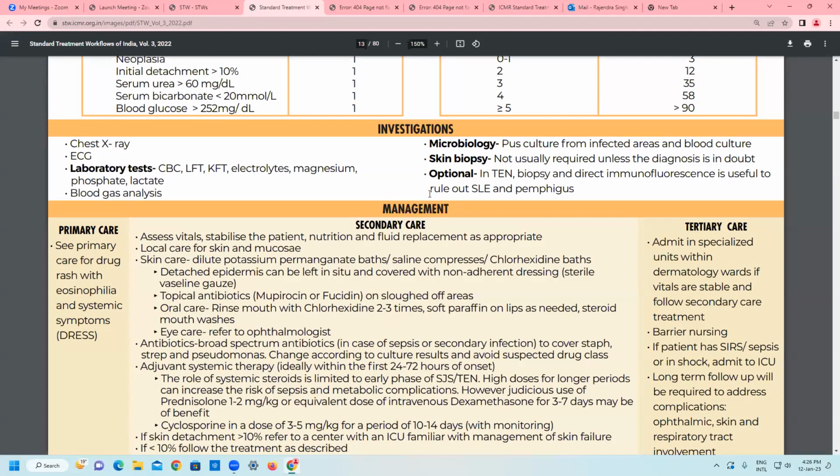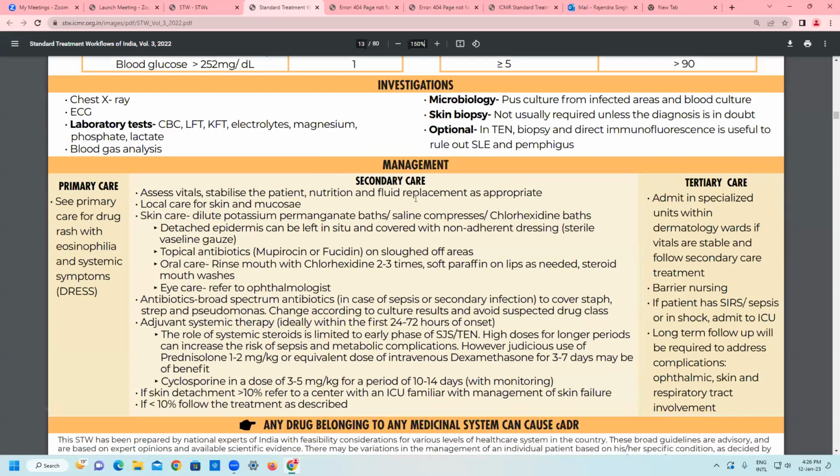Just one thing which I will read about secondary level care, because it is important. There will be loss of fluid and electrolyte imbalance, so it is important to replace fluid. Then vitals have to be assessed. For local care, one should not be very aggressive. It is not like surgical debridement of the peeled skin.